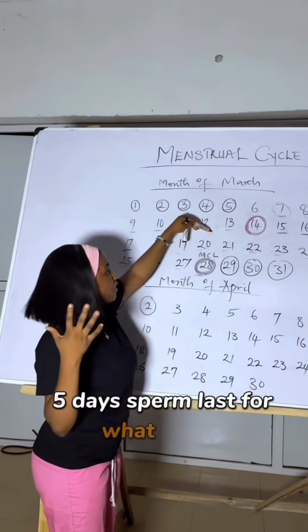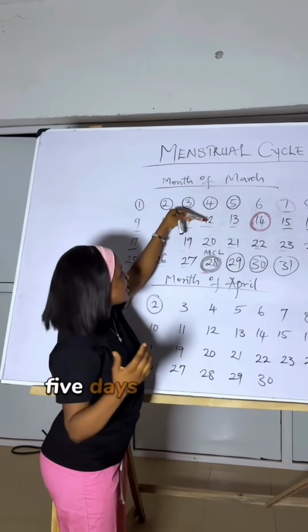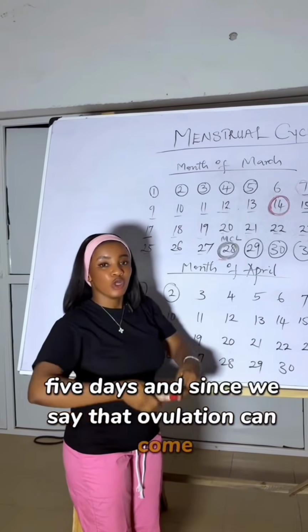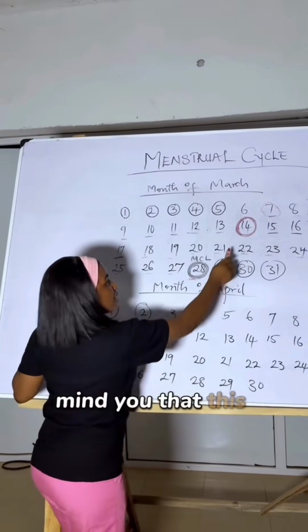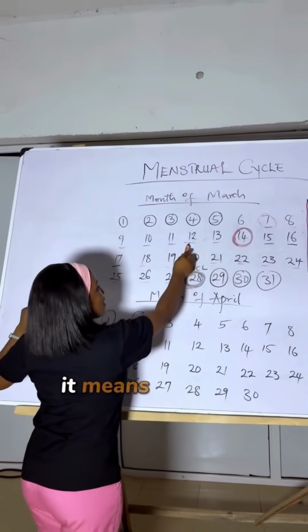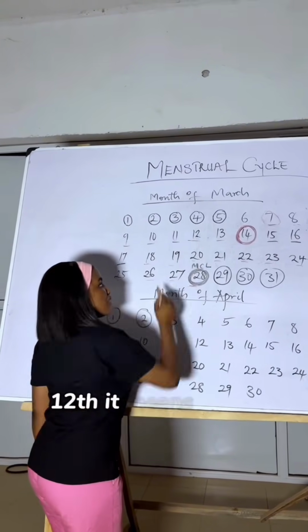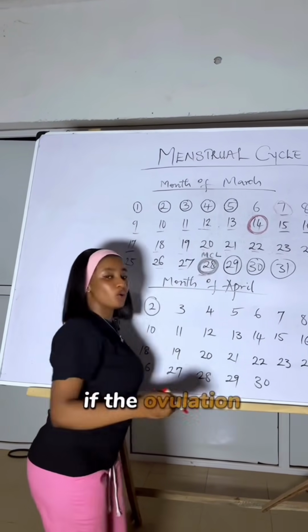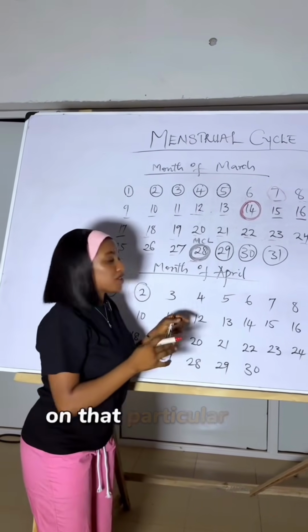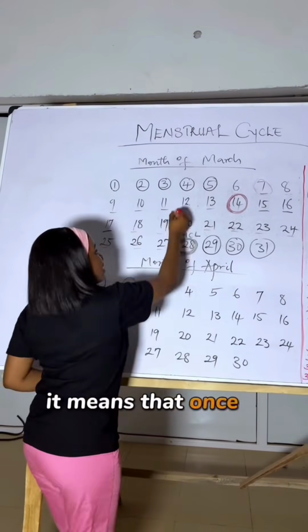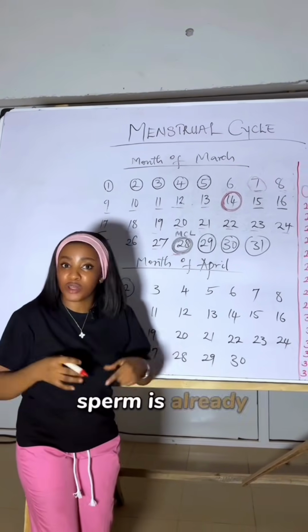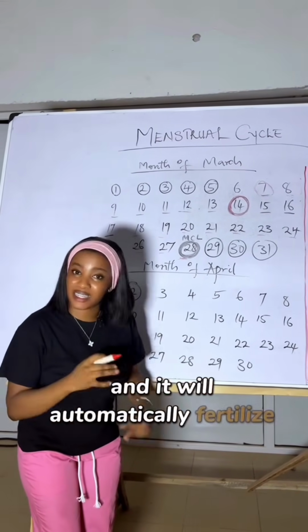Sperm lasts for what? 5 days. And since we say that ovulation can come 2 days before the actual day, mind you that this is the actual day, it means that if this sperm should last till this day 12th, then on this day 12th, if the ovulation decides to come earlier on that particular cycle, once the egg is being released, sperm is already waiting and it will automatically fertilize that egg.